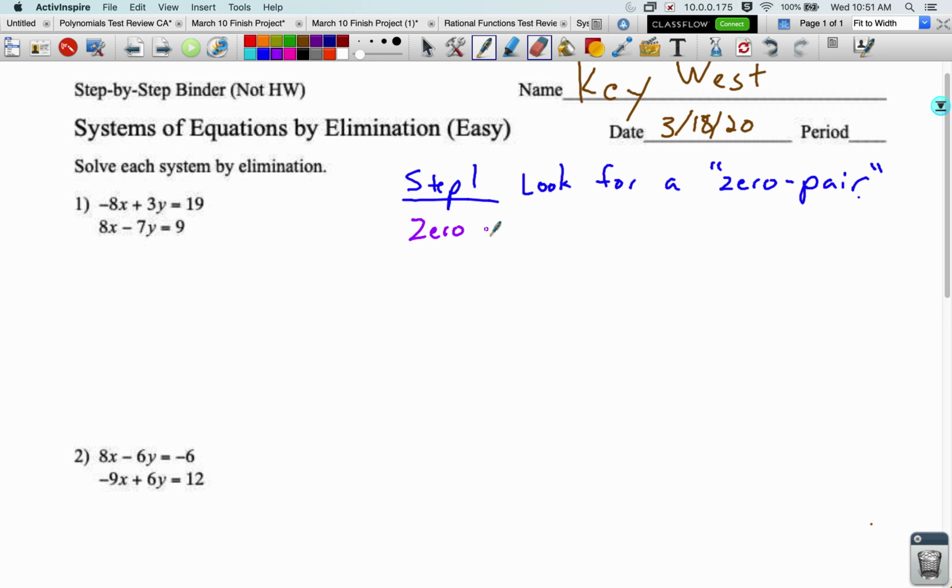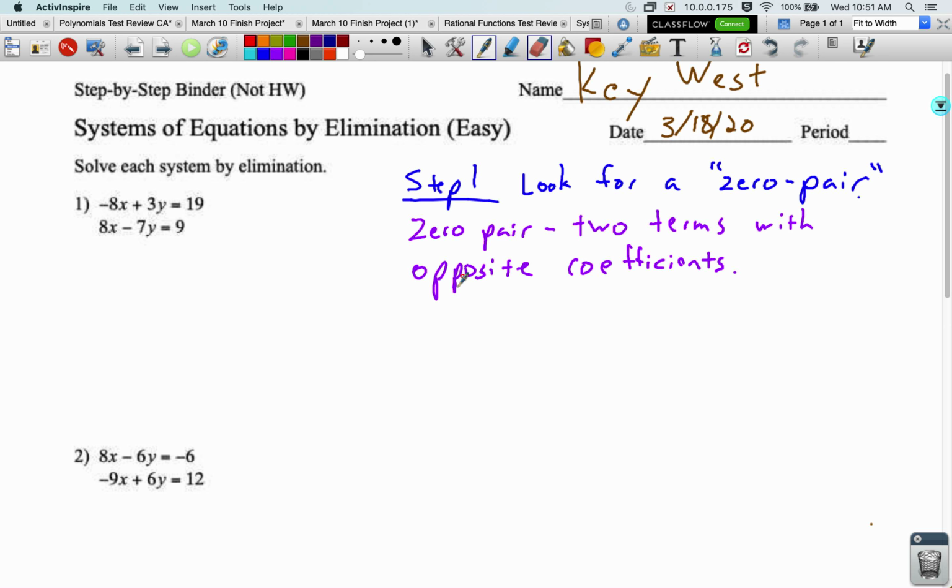A zero pair are two terms with opposite coefficients. Two terms with opposite coefficients, and they have to be in two different equations, but assuming that these are simplified, they won't have any like terms within one equation, but they could have like terms between the two equations.